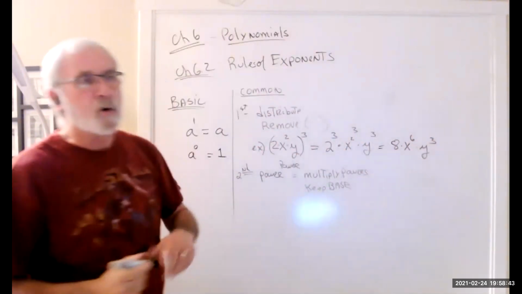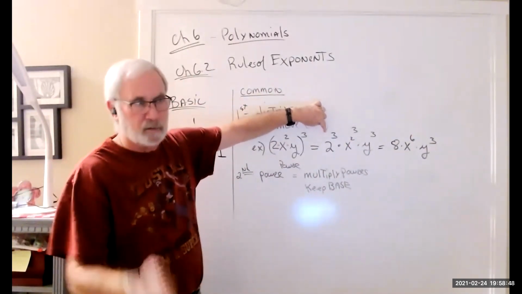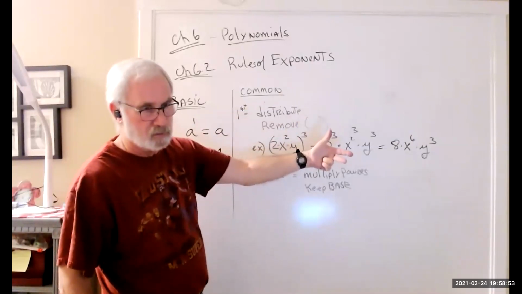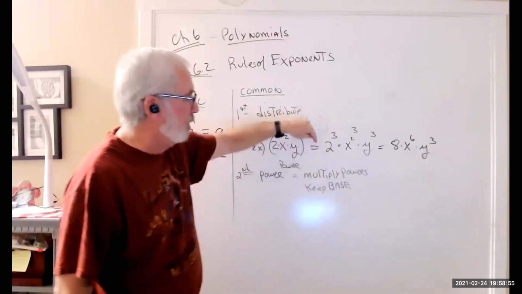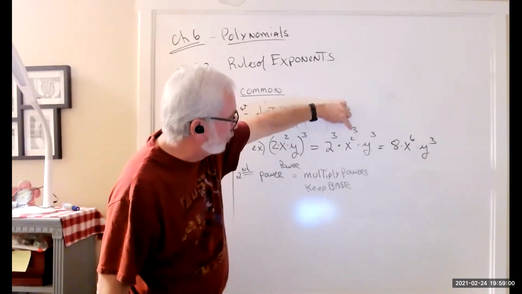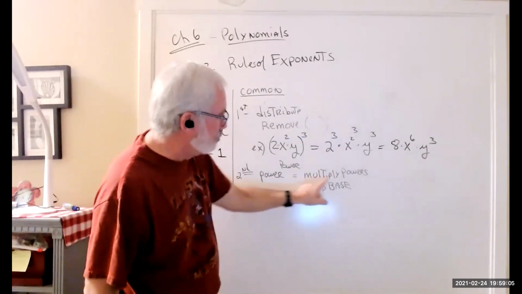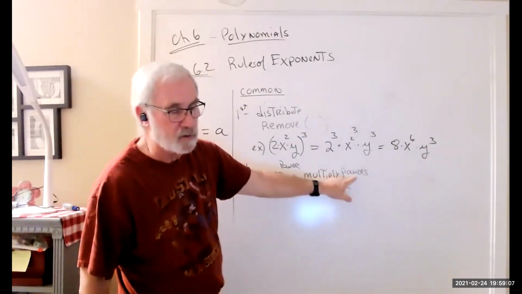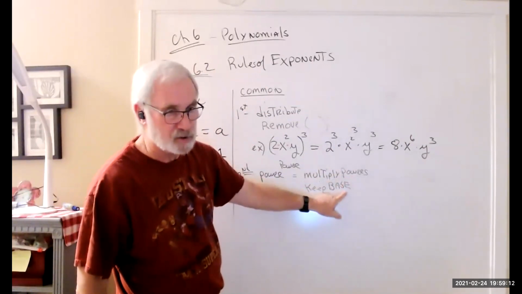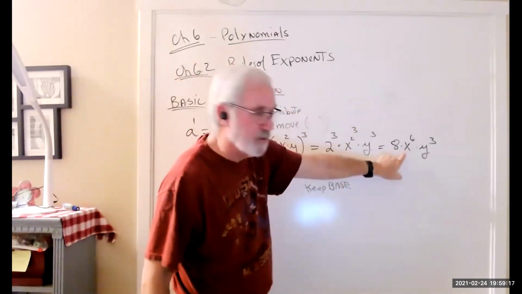Always, if you could do the just basic arithmetic, 2 to the third power, you do it. 2 to the third power is 8. 2 times 2 times 2. Or your calculator will do that for you. But the key I'm talking about here is if you have a power raised to a power, you multiply the two powers together, and you keep whatever the base number is. So I have 2 times 3 was 6, keep the x.